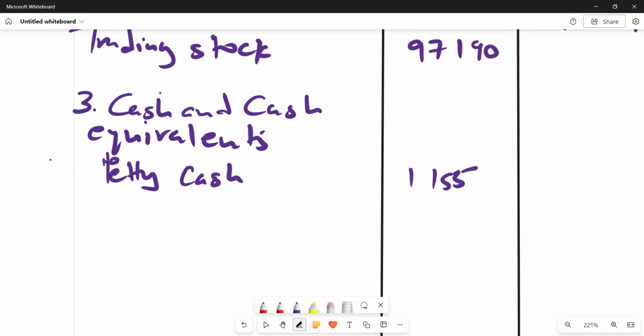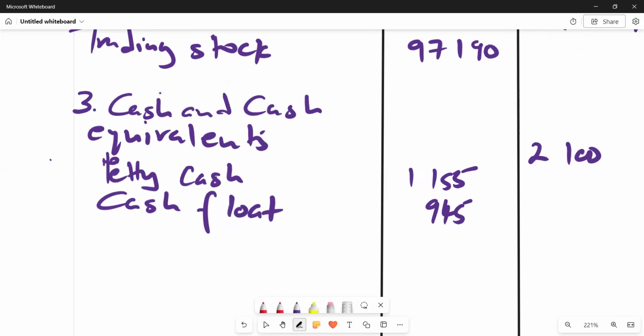And then we have cash float, and the cash float figure is 945. Then we add the two together to represent cash and cash equivalents, 1,155 plus 945, we get 2,100. So this is the figure that is going to go to the balance sheet as our cash and cash equivalents. And then we make a reference to note number 3.